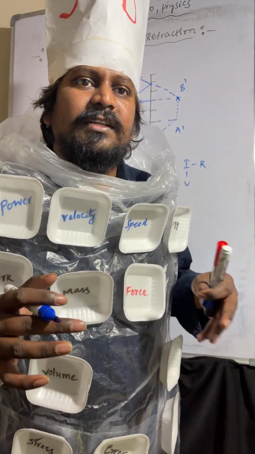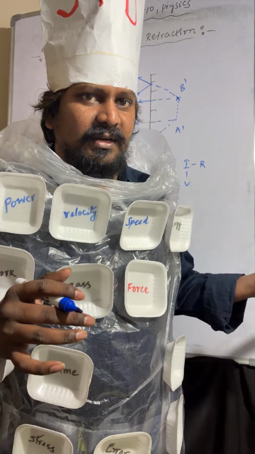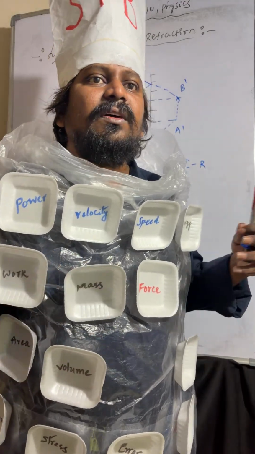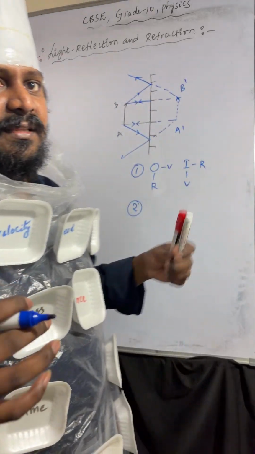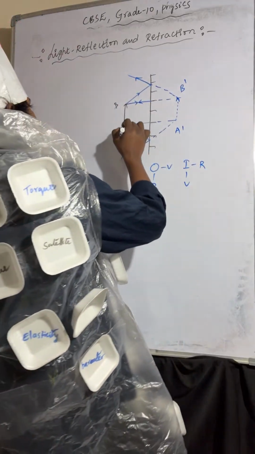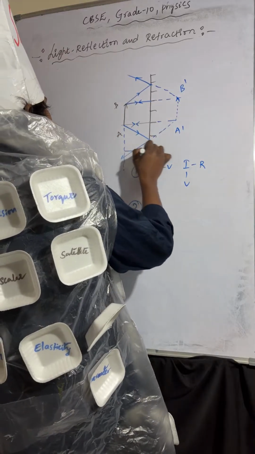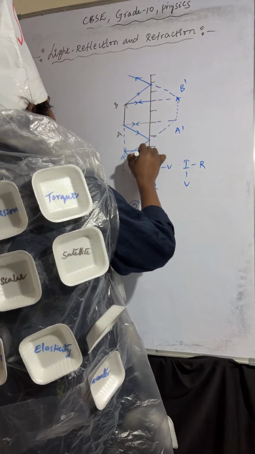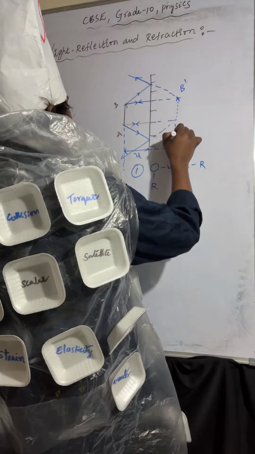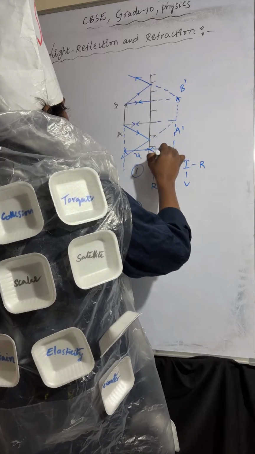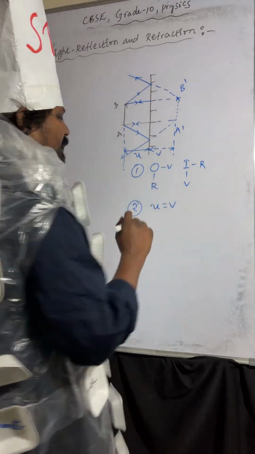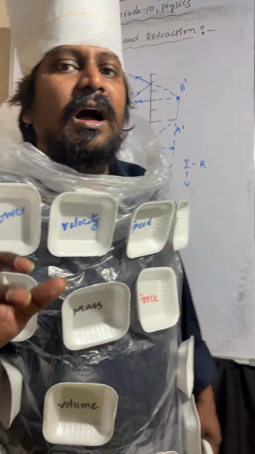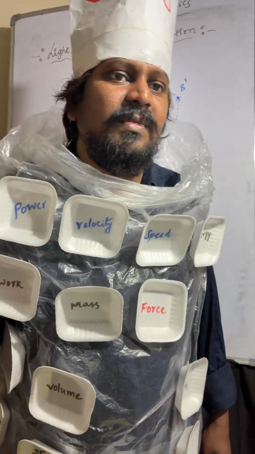If the object is virtual, image is real. So you have to understand one thing. Also, object distance is equal to image distance. In the plane mirror, the distance between object and mirror is the object distance, and the distance between mirror and image is called image distance. So object distance is equal to image distance.